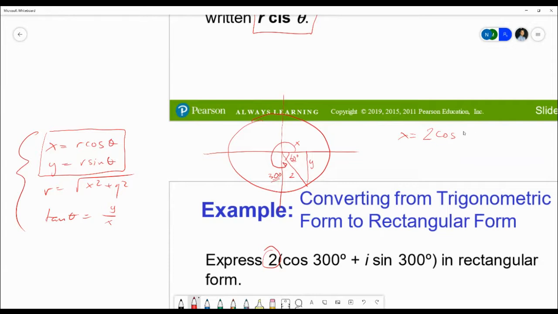So cosine of 300 or cosine of 60 degrees, we're using our reference angle here. Cosine of 60 degrees is 1/2. So 2 times 1/2 is 1. Since cosine of 60 is the same as cosine of 300 in the fourth quadrant, this is just positive 1.